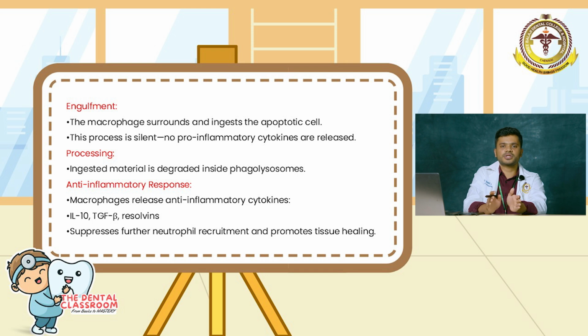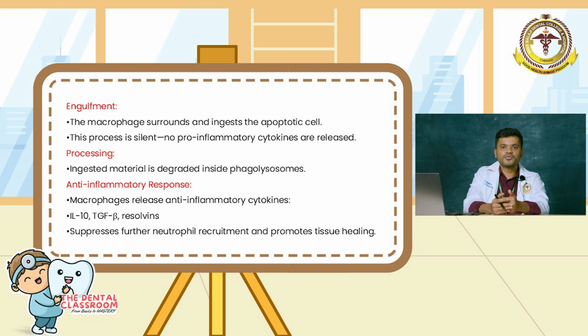is no resolution. So in all periodontitis cases, or most of the periodontitis cases, you won't have a resolution of inflammation. There is a chronic inflammation because these apoptotic neutrophils cannot be removed by the macrophage, because the bacteria keep on multiplying.